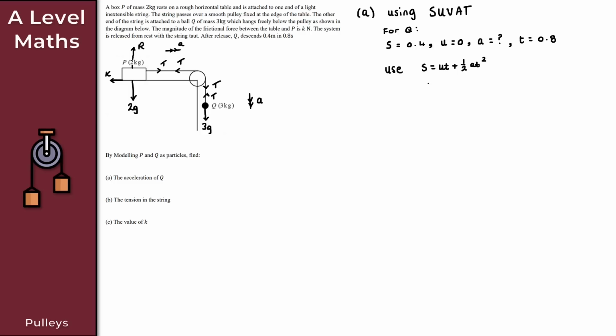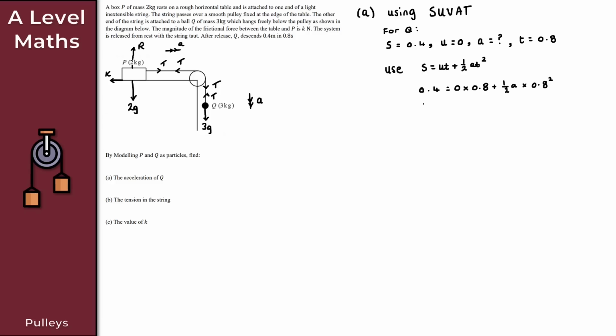So S is 0.4, which is equal to UT, so that's 0 times 0.8, which clearly is just 0 anyway, but I'll write it down just so you can see the full working. So 0 times 0.8, plus a half, or 0.5, whichever you prefer, times A, which we don't know. And then we multiply this by T squared, so 0.8 squared.